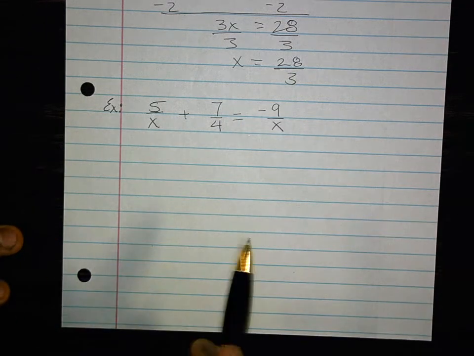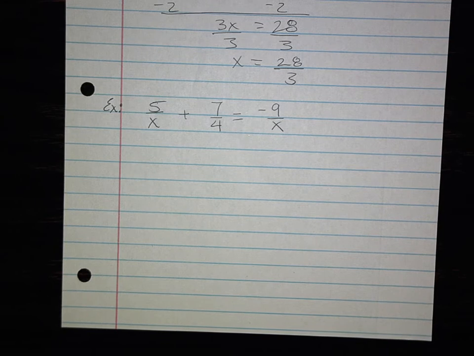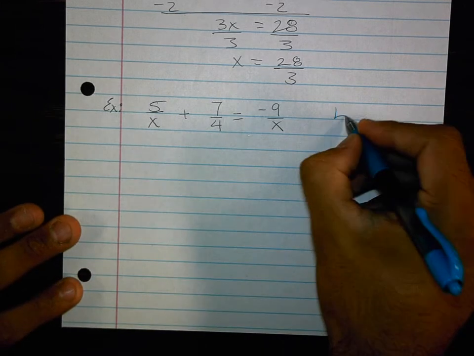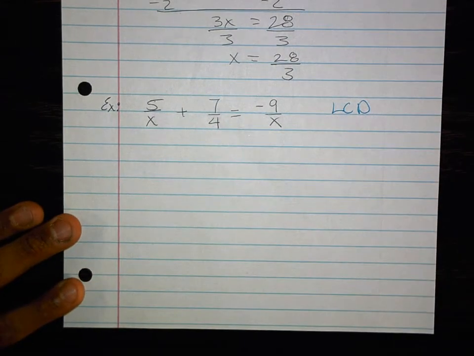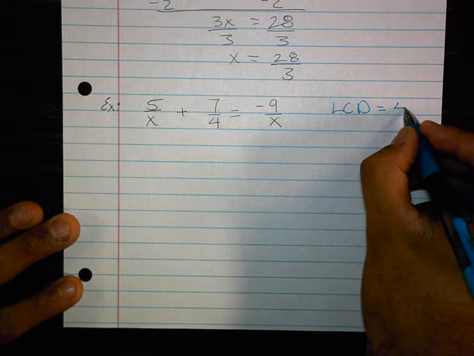So once again, I'm going to look at the question, see if I can change colors here to show what's going on. And I look at my LCD. In this case, my LCD is going to be 4x.